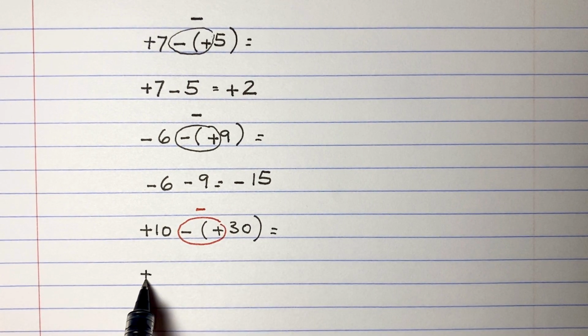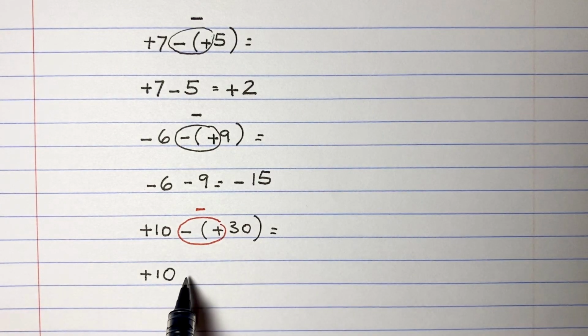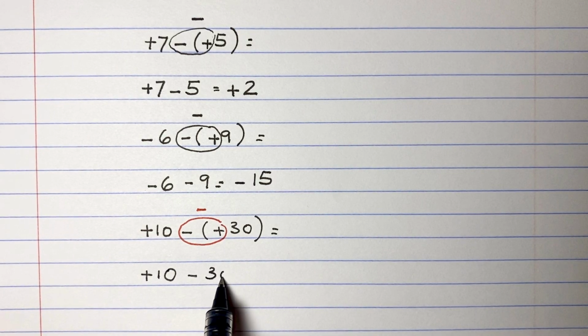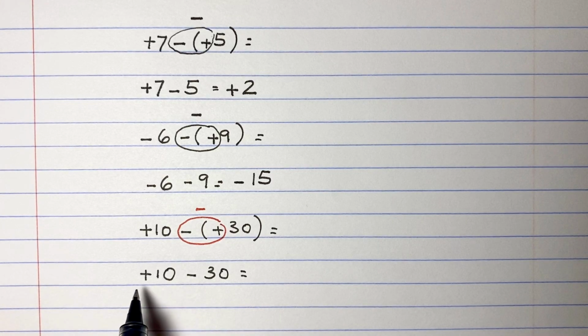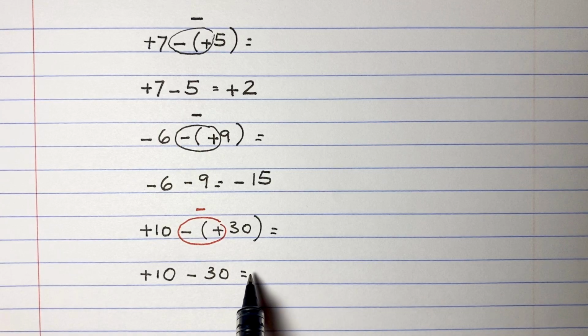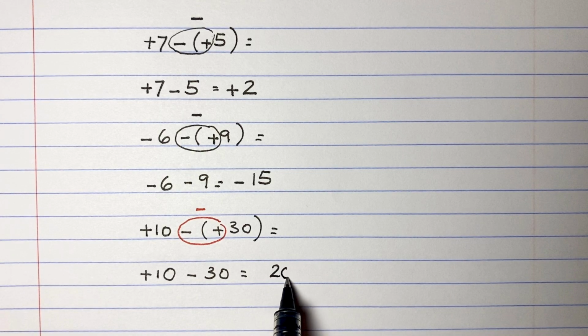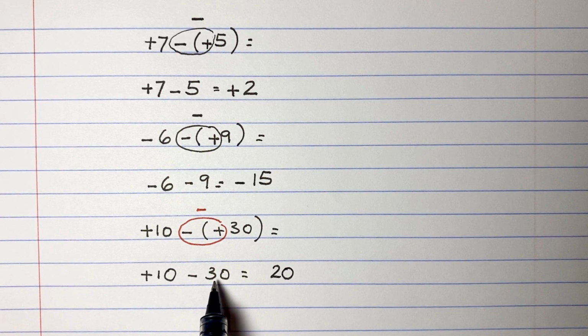So if you have positive 10, negative 30, the signs are different, you're not multiplying. If the signs are different, you find the difference of the two digits, which is 20. Look at the bigger digit, 30 is bigger than 10, 30 is negative, so that's going to be your answer, negative 20.